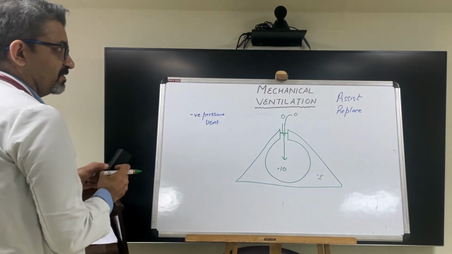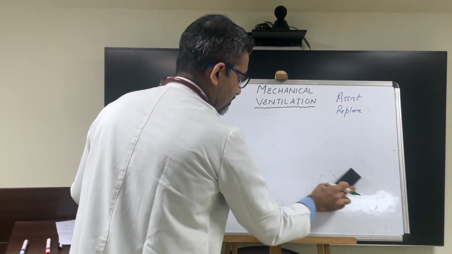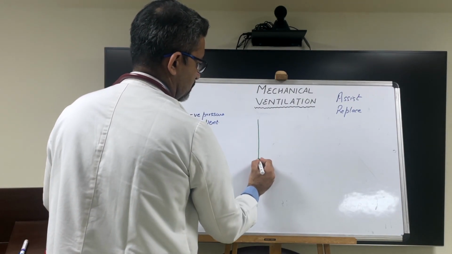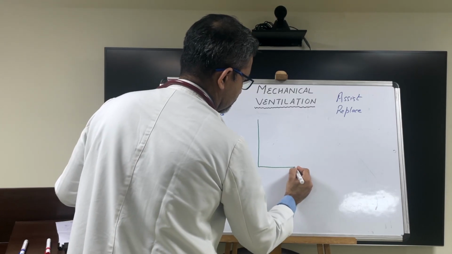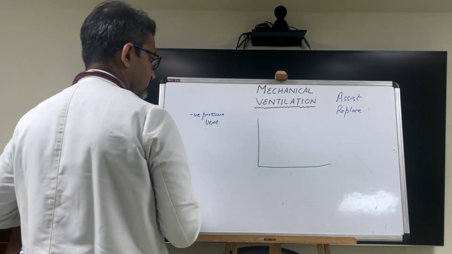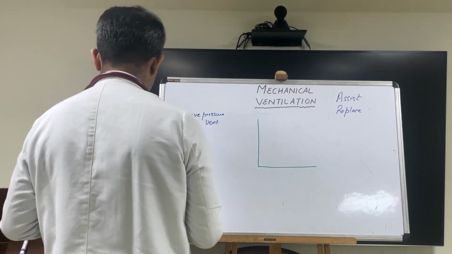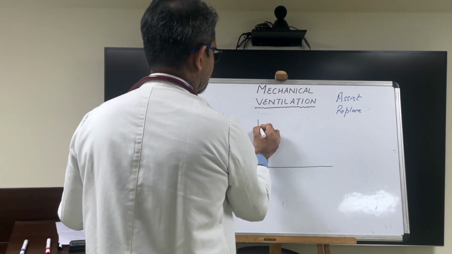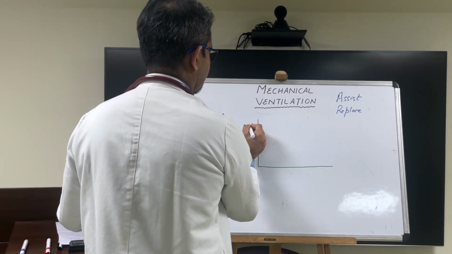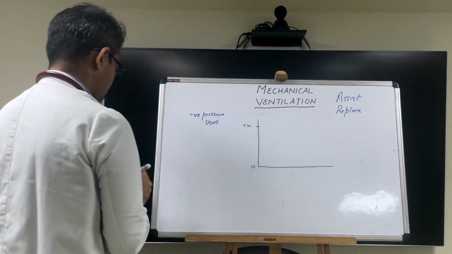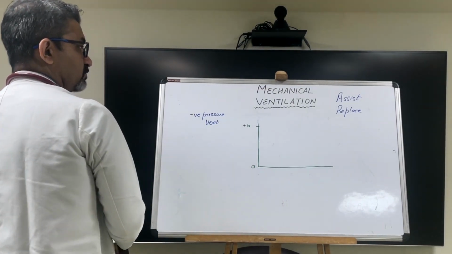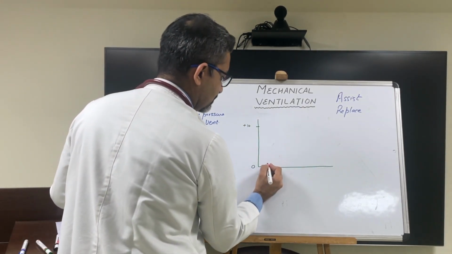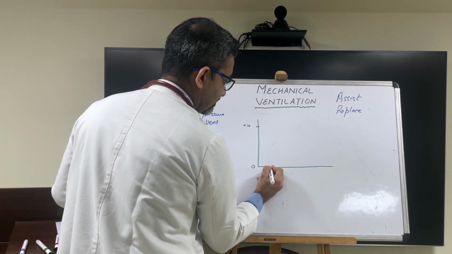If you plot a graph of positive pressure ventilation, it will be something like this. This is your plus 10, this is your 0. As you apply pressure of plus 10, the lung volume will start increasing like this.